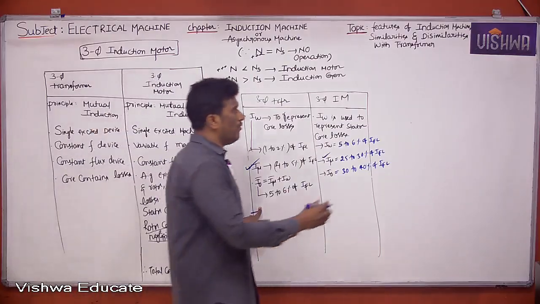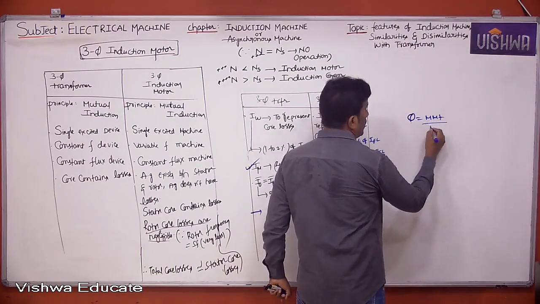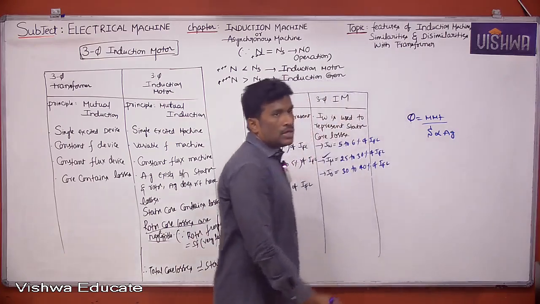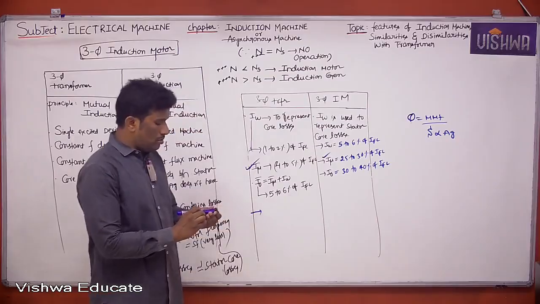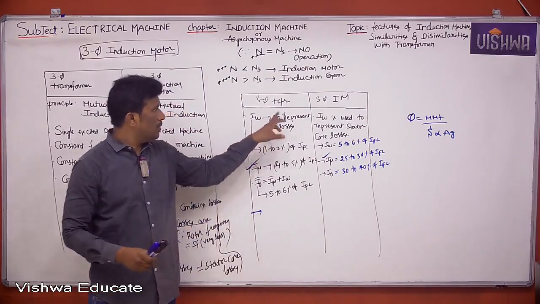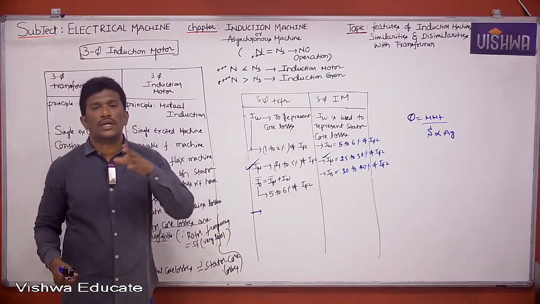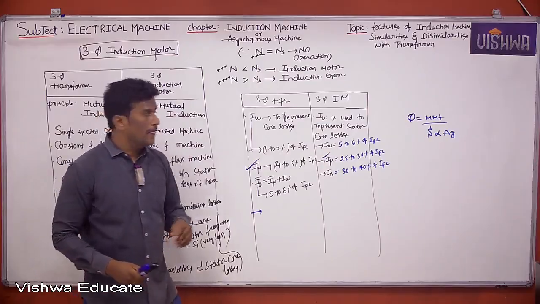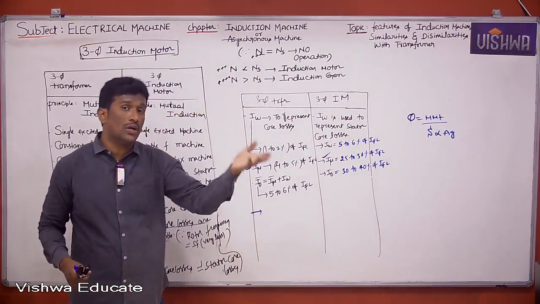You know the formula, flux is equal to MMF by reluctance, and reluctance is proportional to air gap. So here you should understand clearly, it's a very simple thing. In a transformer, flux passes from the primary winding to the secondary winding through the core, which is made of magnetic material. In the case of an induction motor, flux passes from the stator winding to the rotor winding through the air gap.